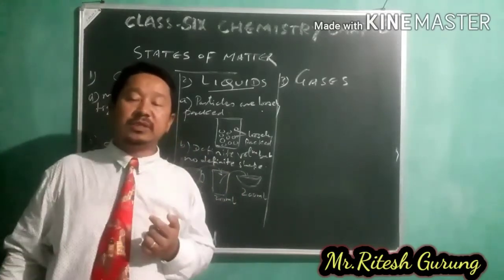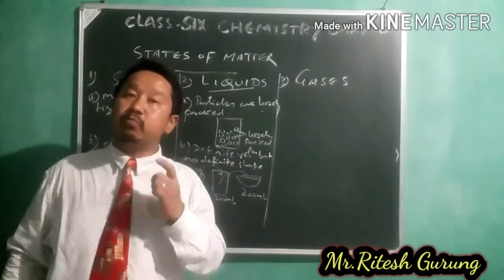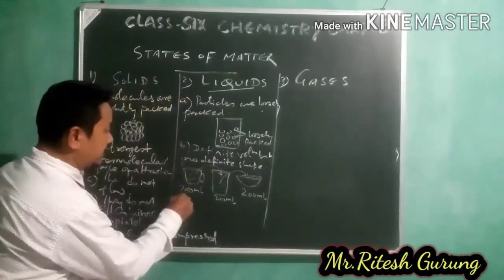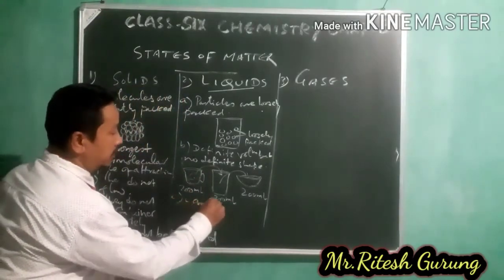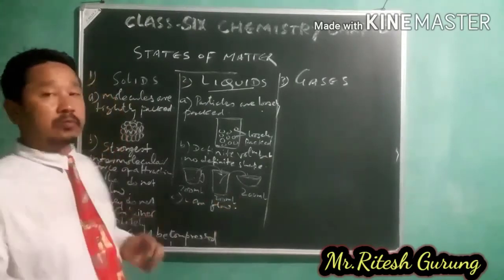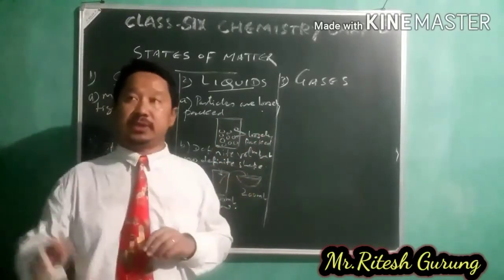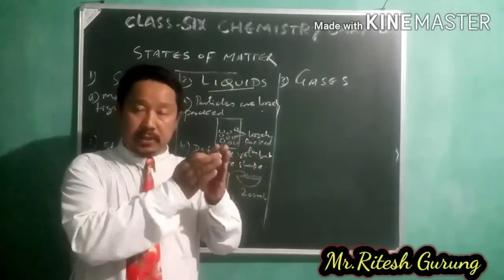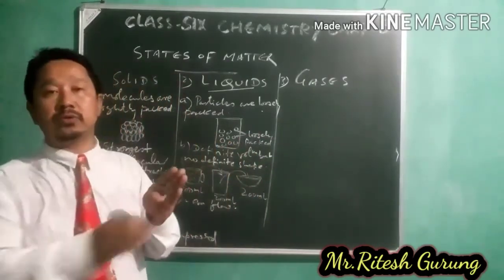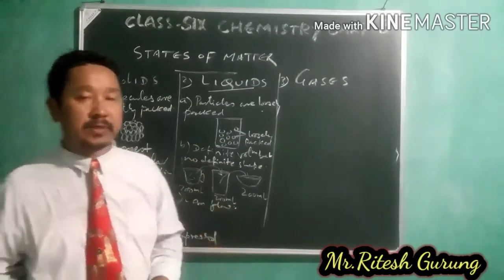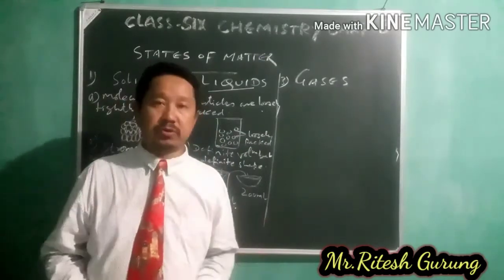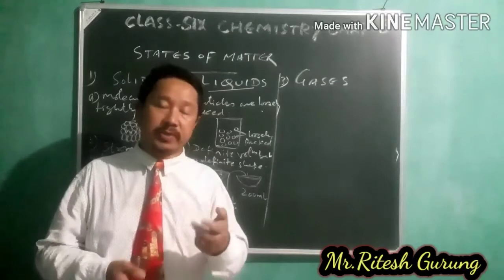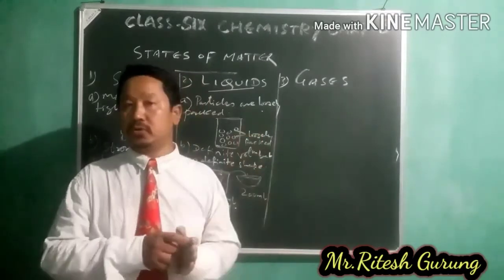And number 3, liquids can flow. Liquids can flow from a higher level to a lower level. You see any river flowing from a higher level to a lower level, because the river is filled with water only. Water being a liquid can flow from higher to lower levels.